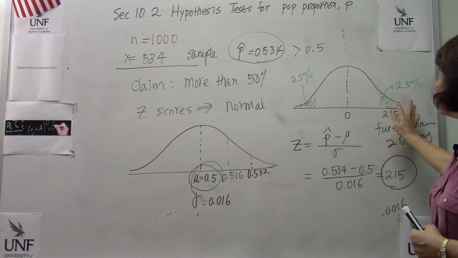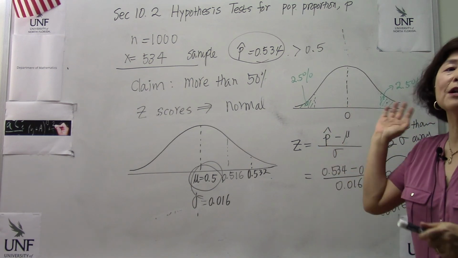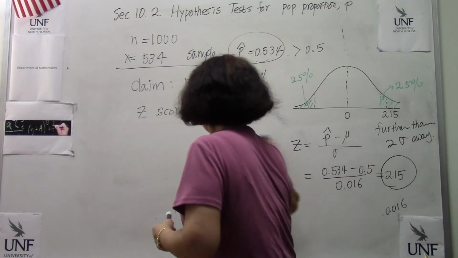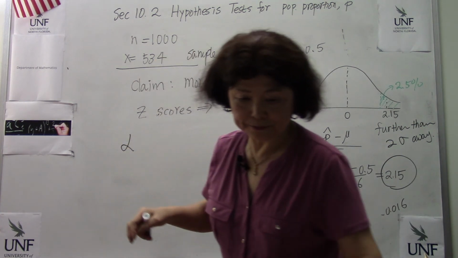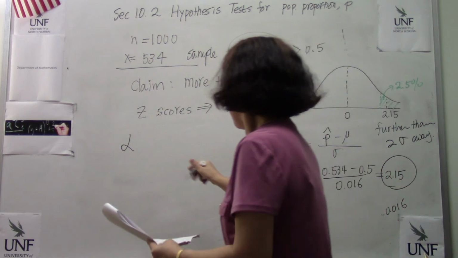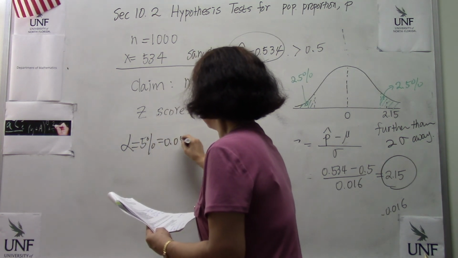So how many sigmas away is far enough? That depends on the level of significance. So here, alpha is 5% or 0.05.